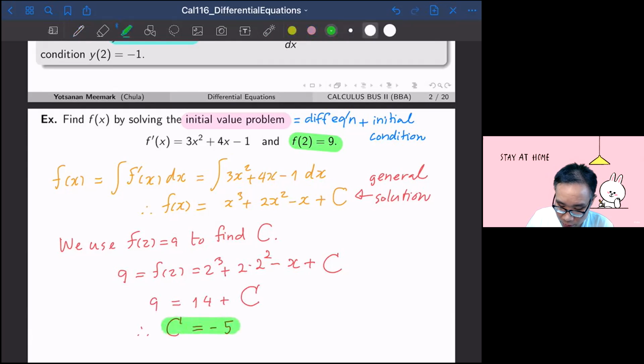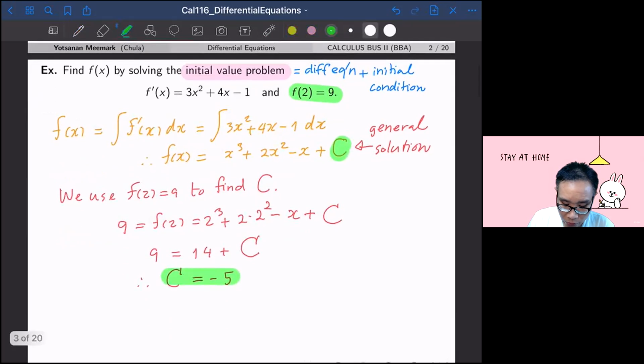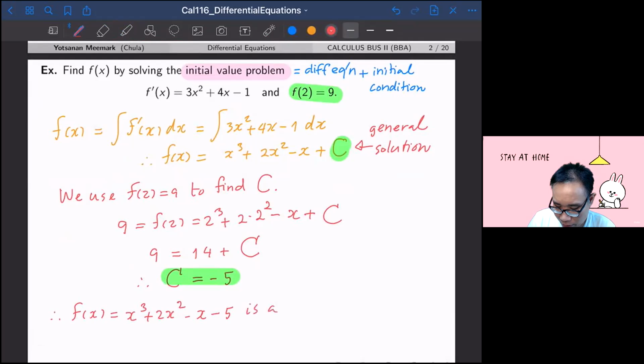And you're going to plug into the general solution. So this would give you f x equal to x cubed plus 2x squared minus x minus 5, which is the particular solution.